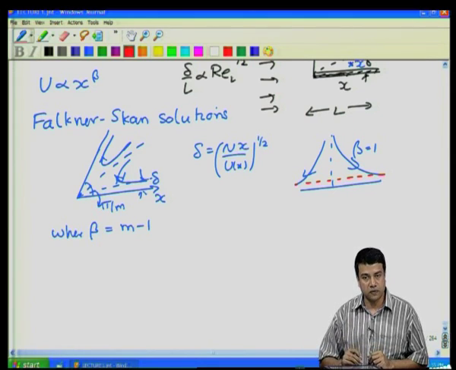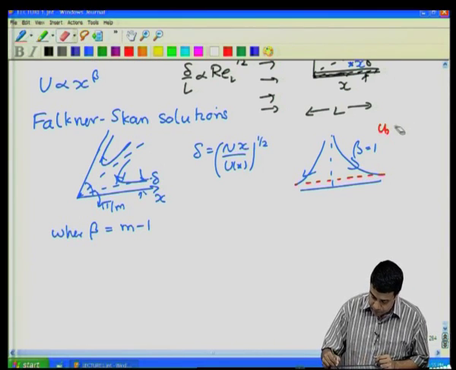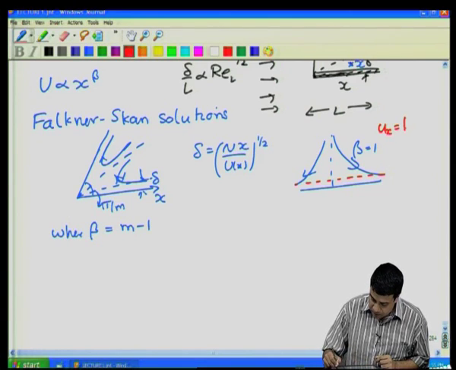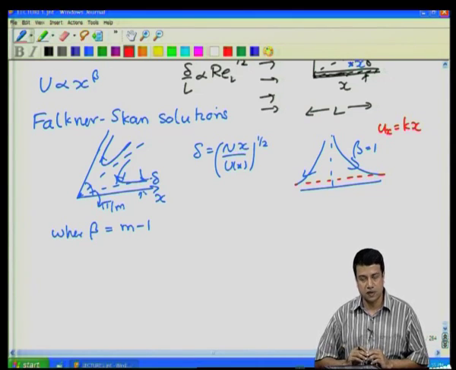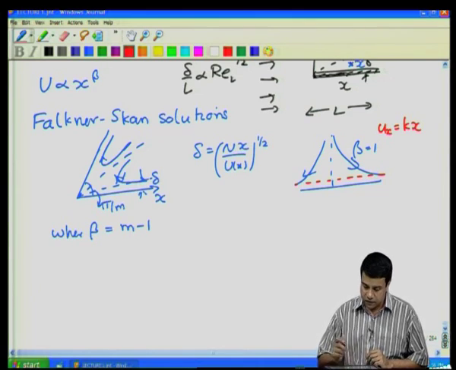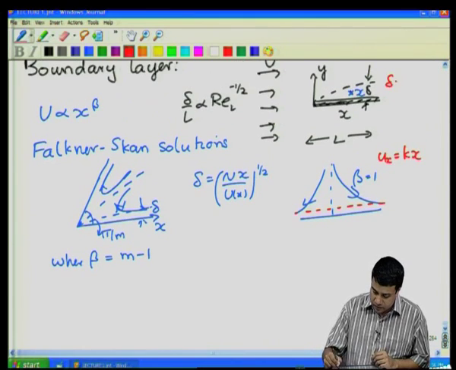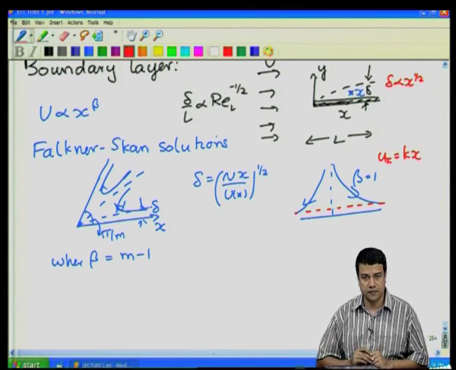For this particular flow, u of x in the potential flow is equal to some constant times x. So, it is accelerating downstream. The boundary layer thickness is constant. For the flow past a flat plate that we did earlier, we found that delta was proportional to x power half. So, it increases as you go downstream.